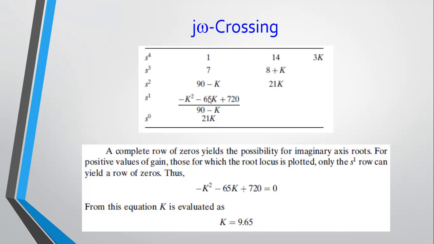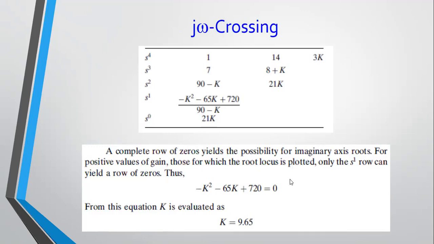Basically, what we're saying here is, if you choose k equal to 9.65 and plug in here, you're going to get a 0 here. So what do we do normally when we are trying to use the Routh table and a row of zeros? We go one step higher, to the row above, and then we form an auxiliary polynomial. That's exactly what we do now. From this value of k, you form an auxiliary polynomial from this row here.